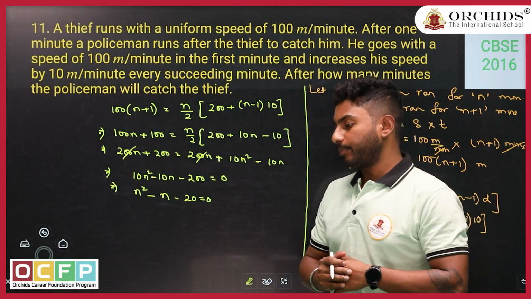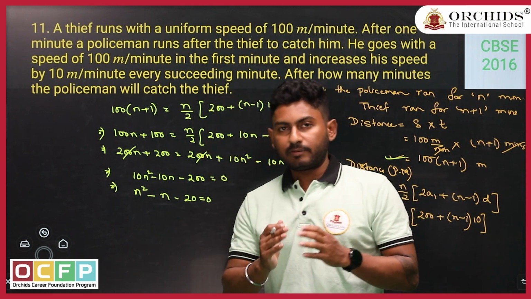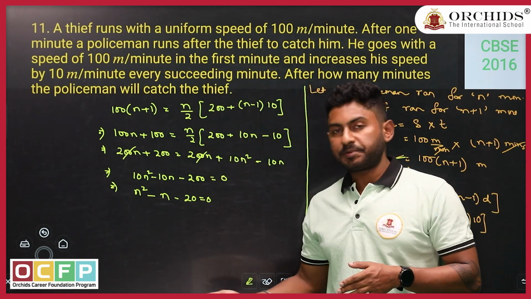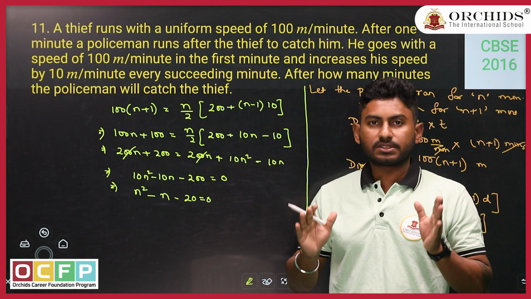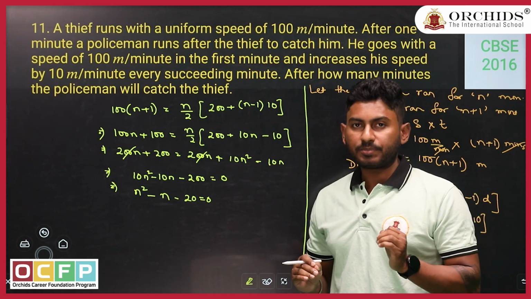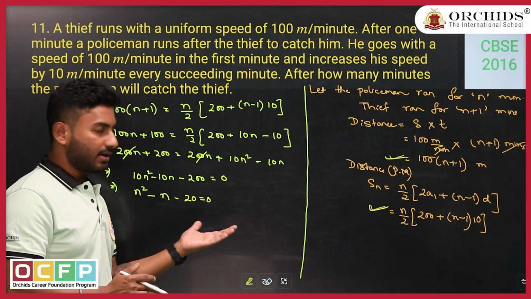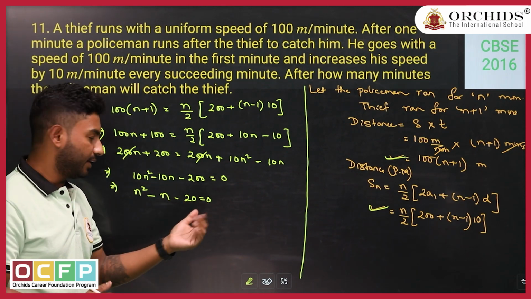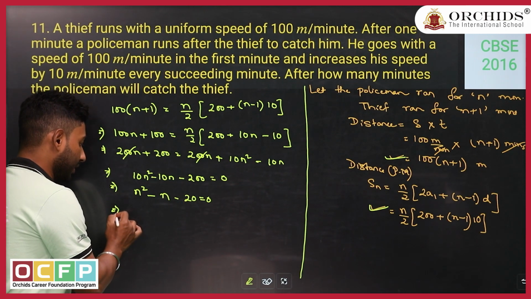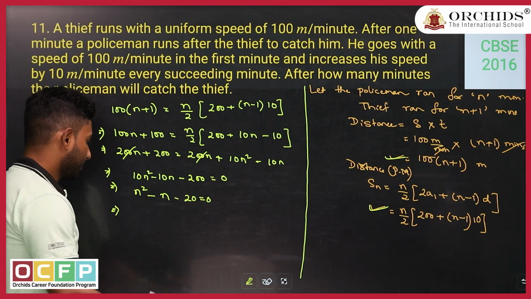Whoever is facing problems with quadratic equations, in the description you will get the link to the quadratic equations chapters. You can go through and get used to how to solve it. Here we are directly solving it by using middle term factorization.